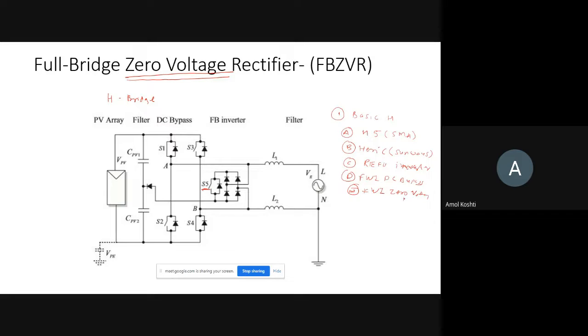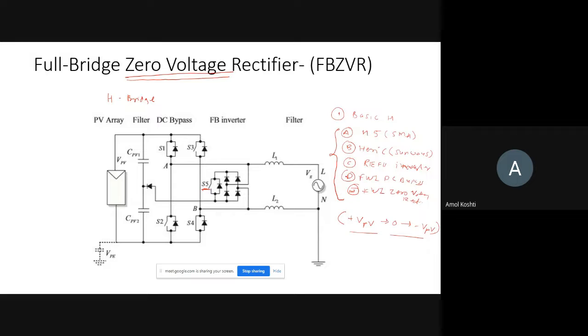If you observe the nature of the output voltage in these, it is plus VPV, then 0, and then minus VPV. So this is the only type of output produced in these bridge type inverters.